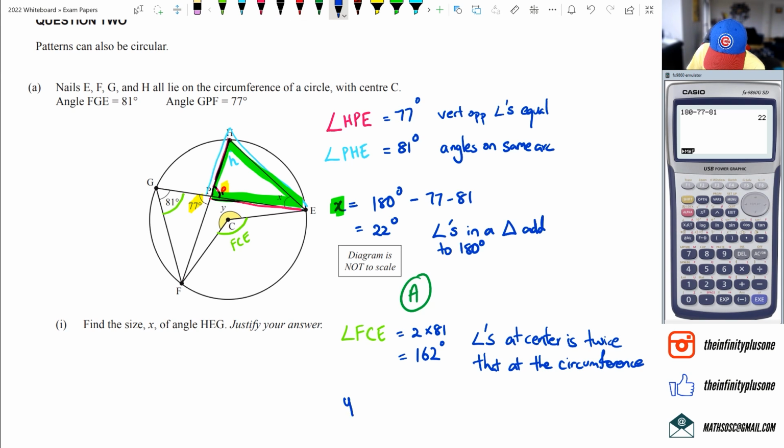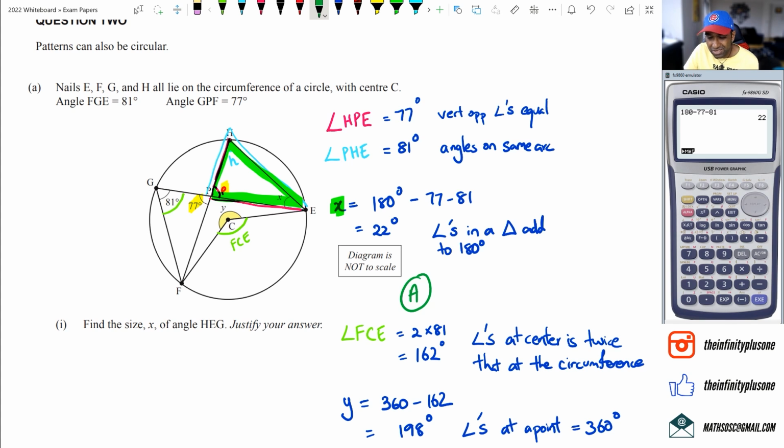And so we can say angle Y is equal to 180 minus 162. Sorry, not 180, 360, because it's angles at a point. So 360 degrees minus 162, which gives us 198 degrees. And then we can say angles at a point equals 360 degrees. Again, you might have noticed me writing these reasons in another format in the previous exams. As you can see, there's more than one way to write these kinds of answers.